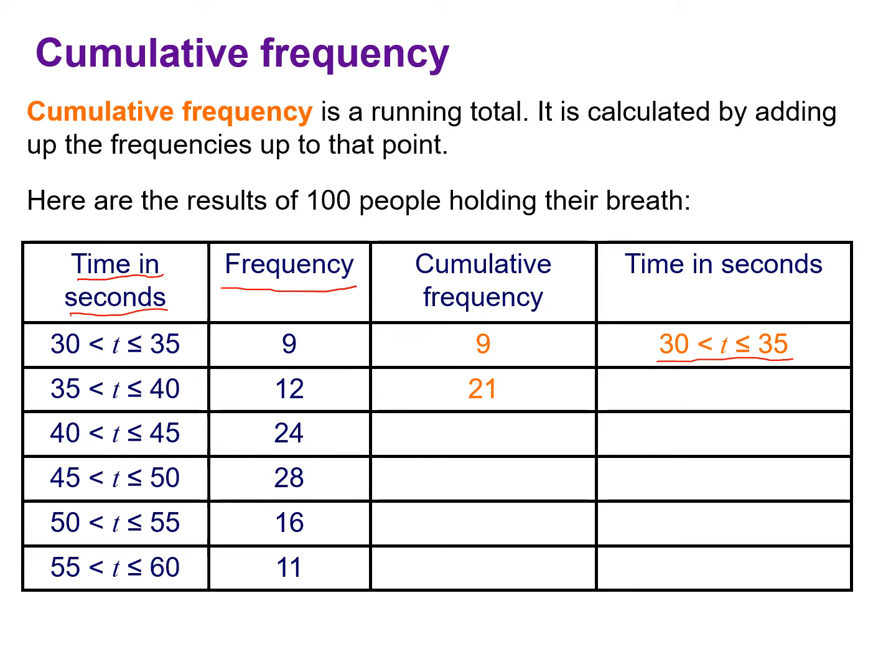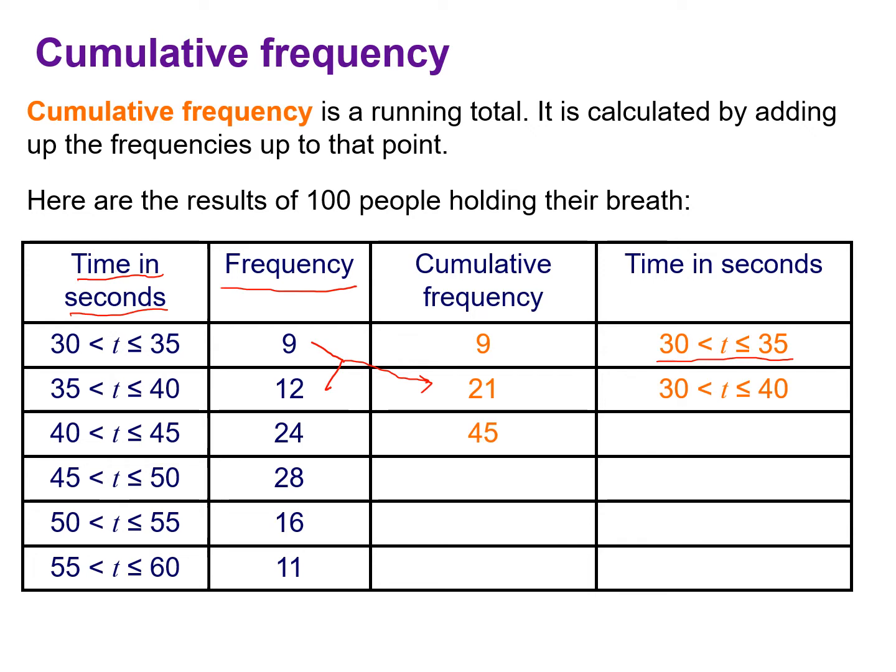Now how do we get that 21? Well, we take the 9 and we take the 12 and we add them together, and that gives us the 21. So what goes in this next column says there are 21 people who could hold their breath between 30 and 40 seconds.